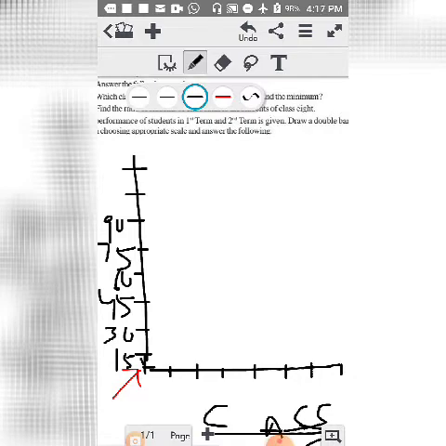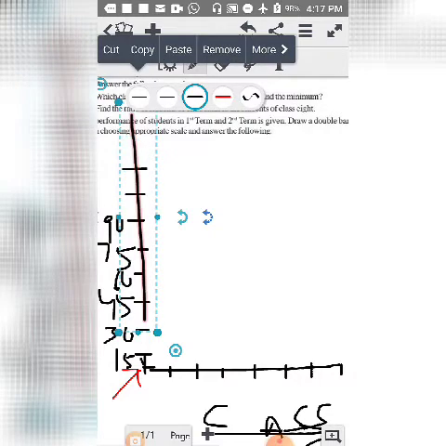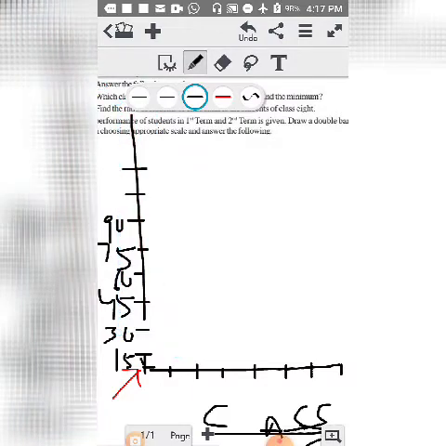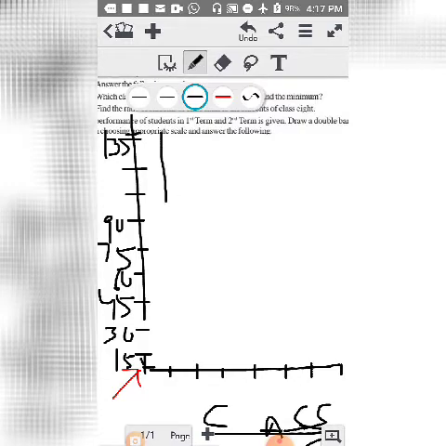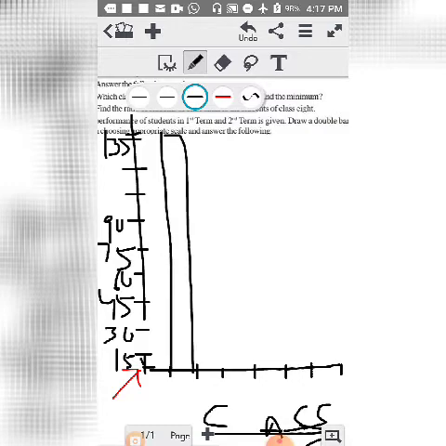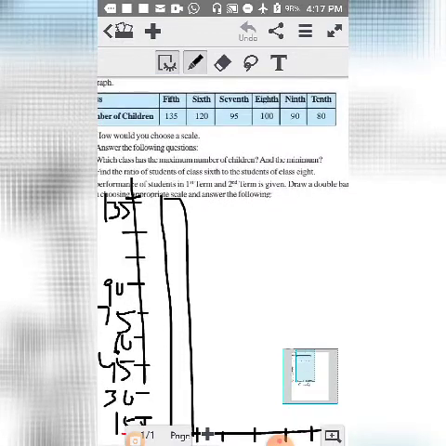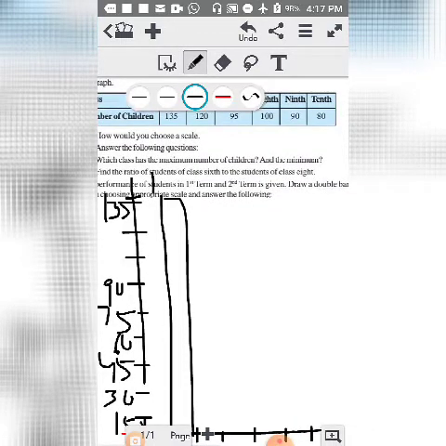For your 135 you will have to extend the graph. When you extend the graph, somewhere 135 will come. So the first rectangle will reach till 135. Using a scale and pencil you will draw the first rectangle, and at the top of the rectangle you will write 135 because it is reaching till 135.